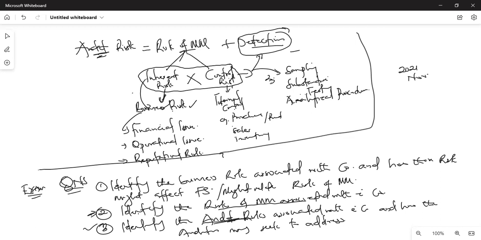If you talk about these two, you need to talk about the third. So you see that I've stated they identify the audit risk, which is the 3 here: 1, 2, 3, and how the auditor may seek to address it. So if you talk about 1 and 2, the third one forms how the auditor will seek to address it. All right. So that is very, very important.